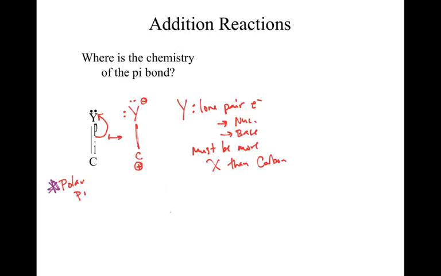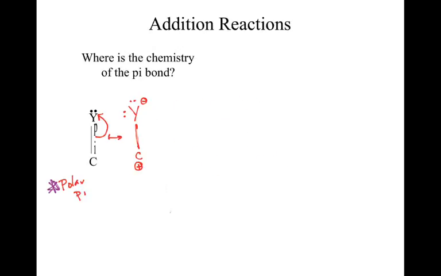Here we have a much stronger resonance contributor because we know Y to be more electronegative. So this contribution really causes a shift in the reactivity that we would expect for the polar pi bond. Now that we have our resonance structure, we want to think about how this could react.